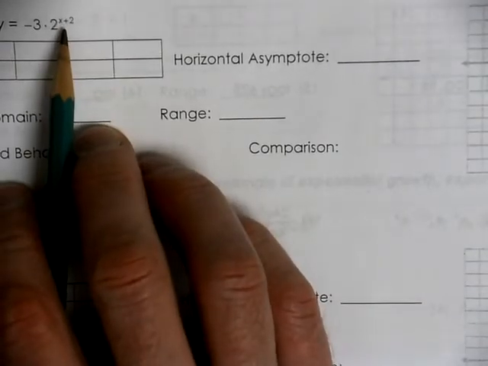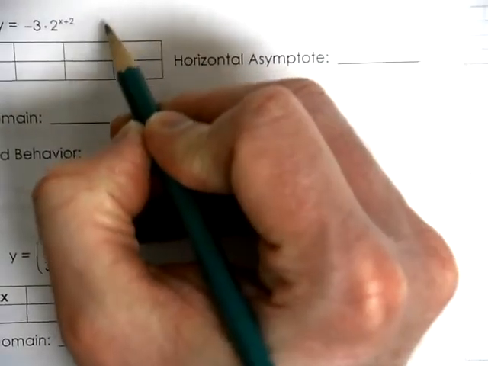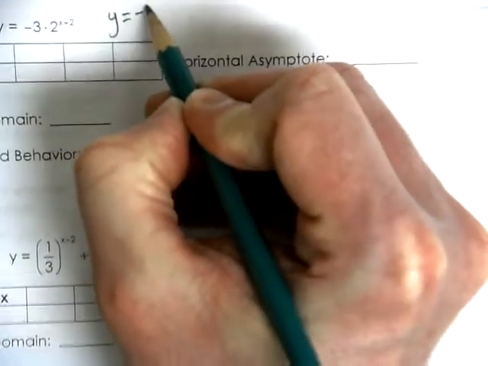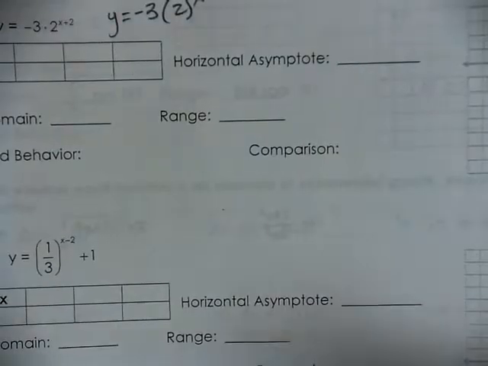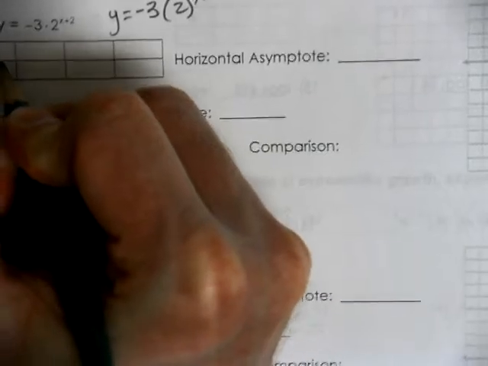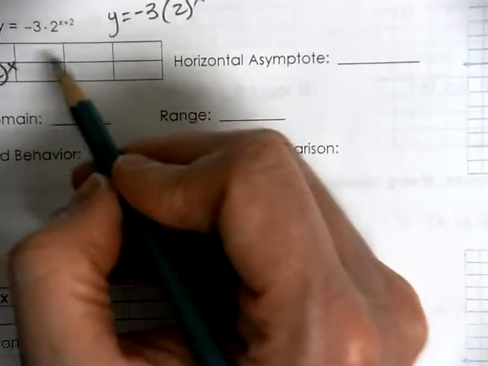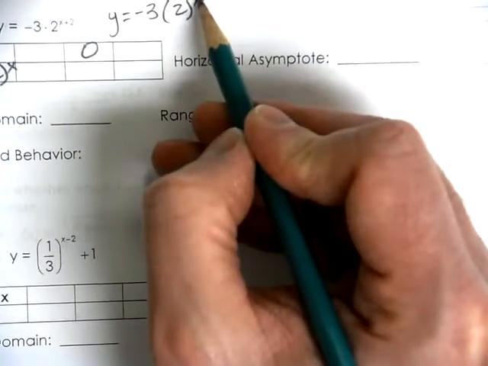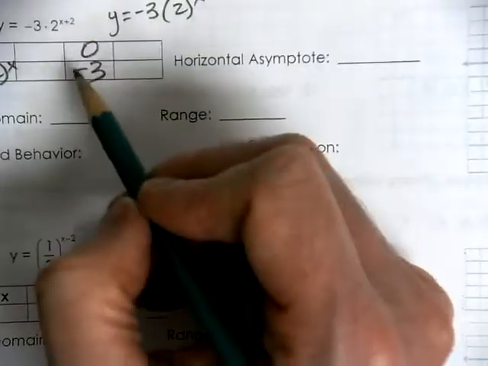Okay, this one does have a translation. So when we do this, we're actually going to be doing -3, 2 to the x. That's what our graph here is going to be. Our table: we pick a value for x, which is 0, which makes 1, so we're at -3.